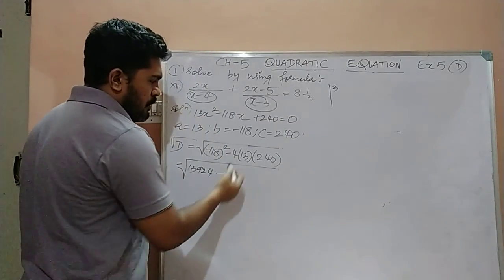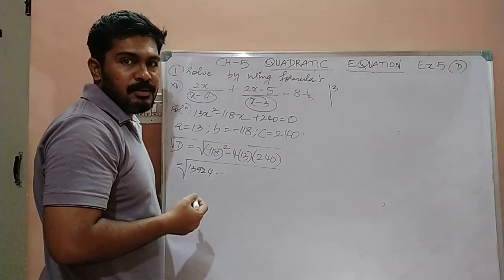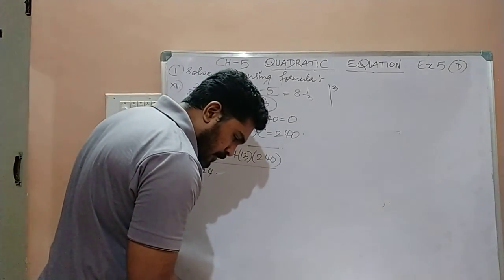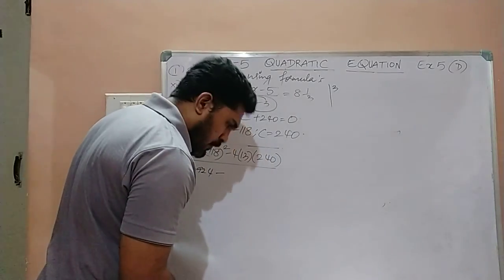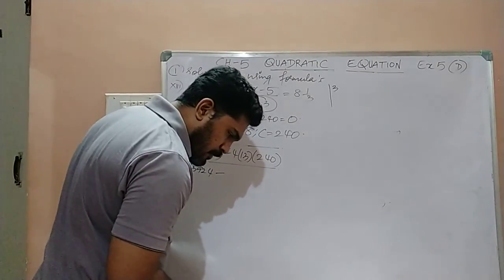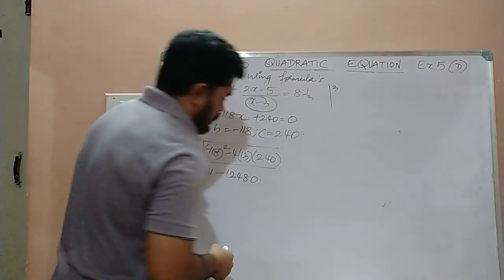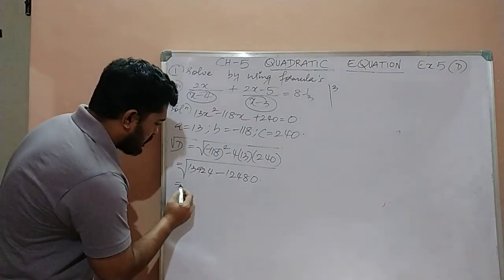Put the minus sign. 4 into 13 is how much? 52. And 52 into 240 is 12480. Correct, children?